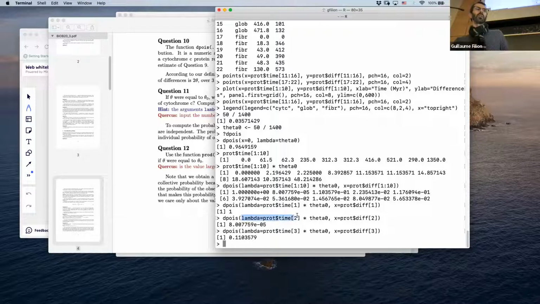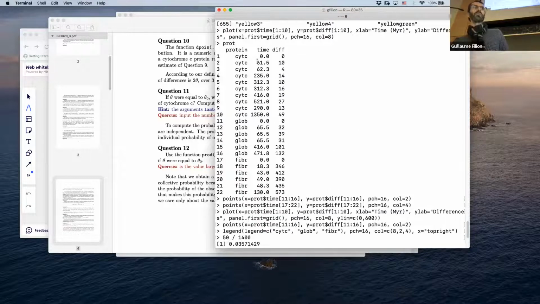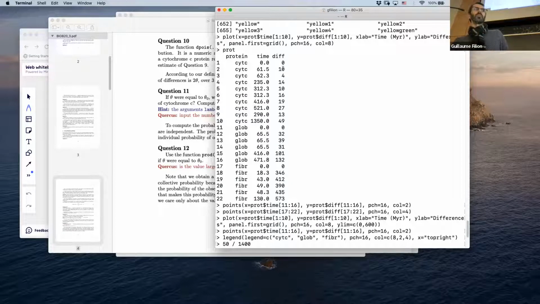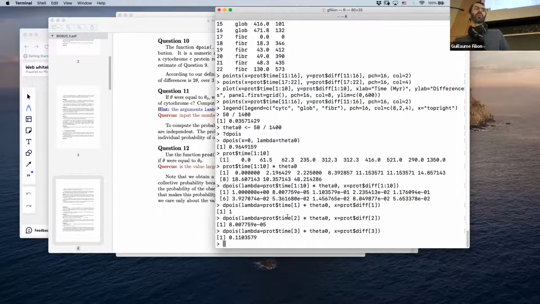Okay, so the more interesting is the second one. Here, lambda equals prod time 2 times theta 0. I'm waiting 61.5 million years, multiplying by theta 0 to get an expected number of differences. This result is 2.19. What is the probability of obtaining 10 differences when you expect 2.19? And the result is this one, not a very big number, like 8 times 10 to the minus 5.